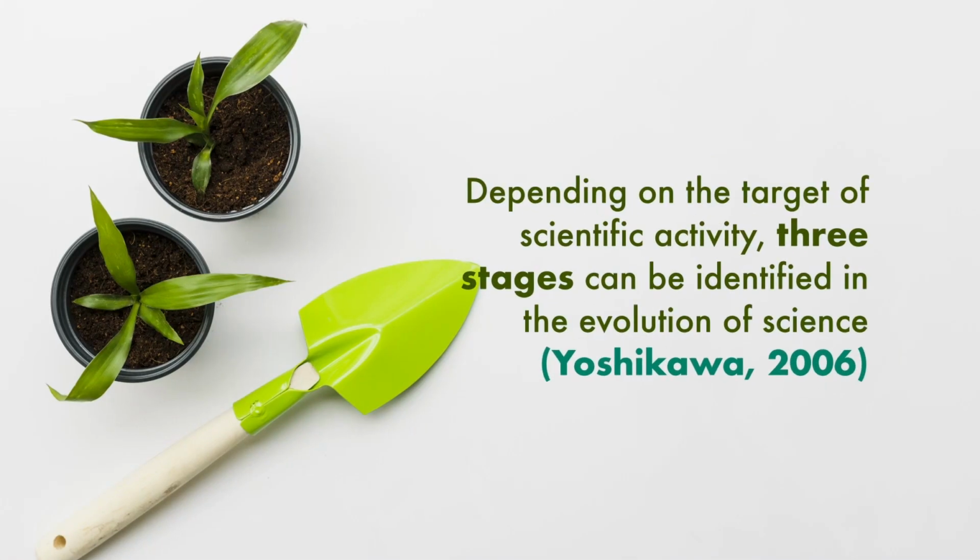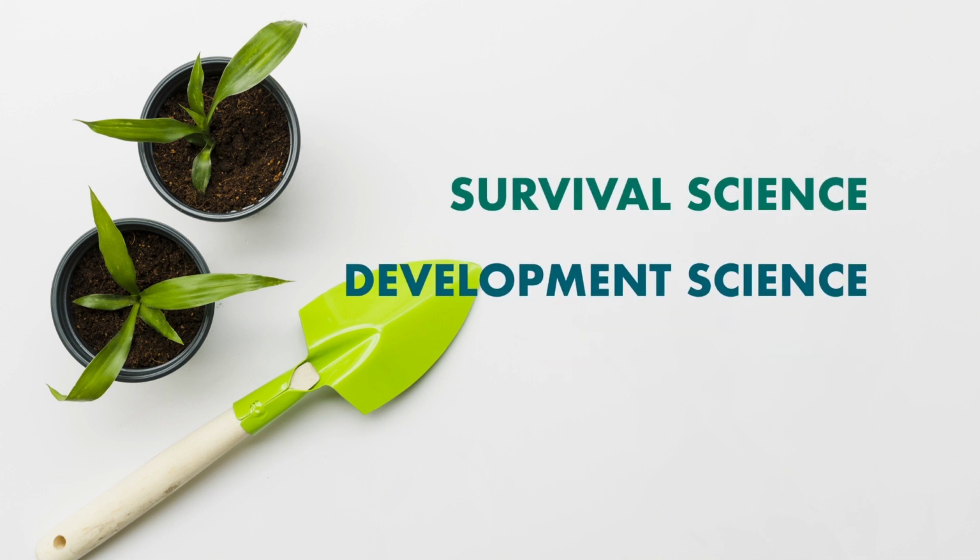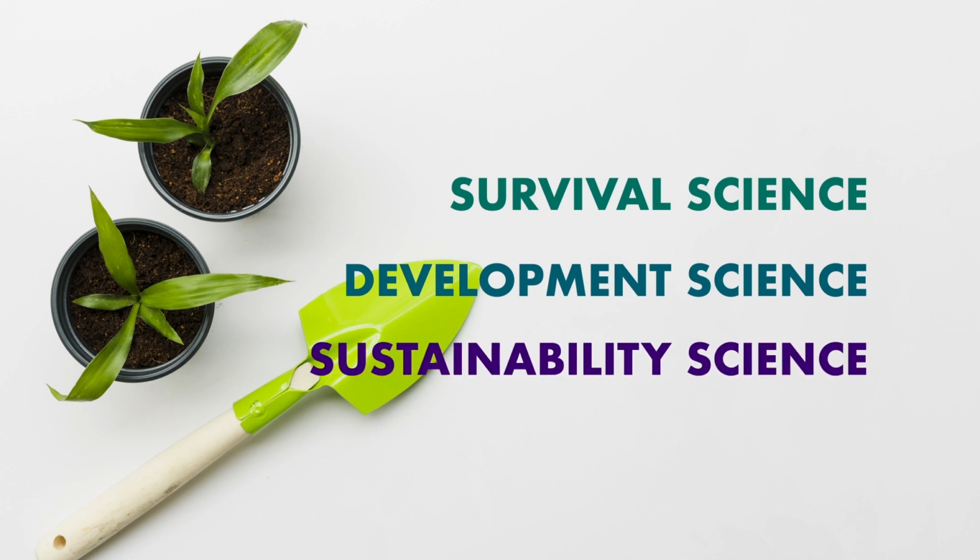If we look into the growth and evolution of science, and how sustainability science emerges as a discipline, we can look back into the evolution of science. Depending on the target of scientific activities happening around us, you can see the evolution of science in 3 stages: survival science, development science, and at last sustainability science.